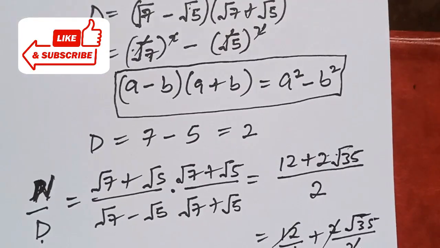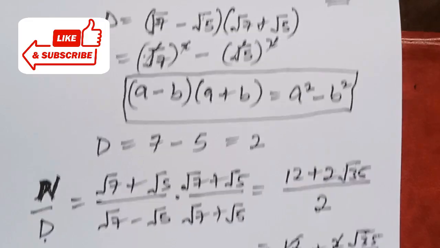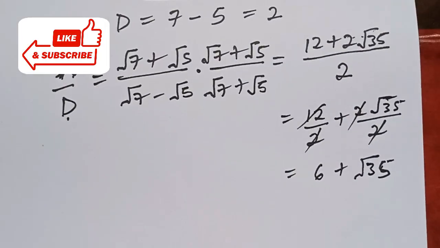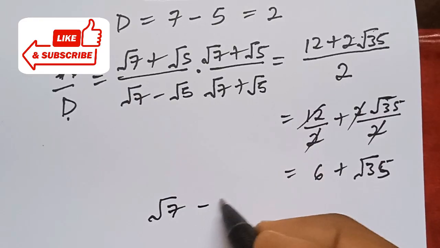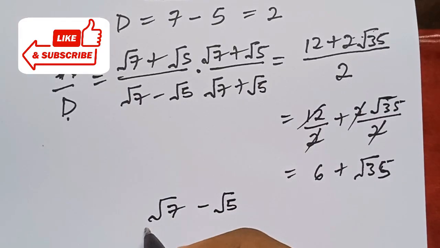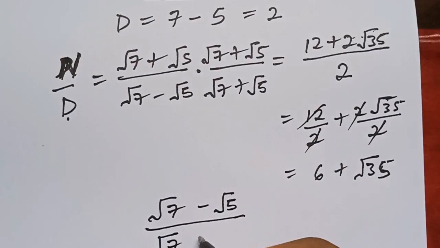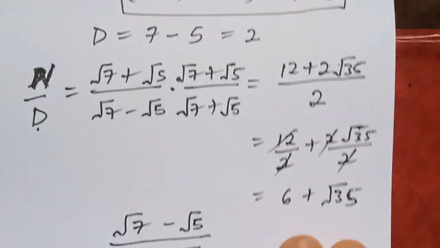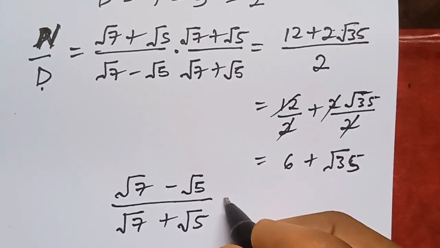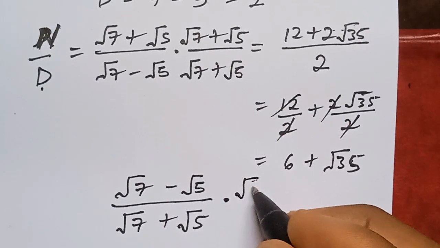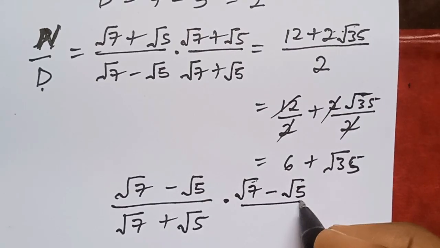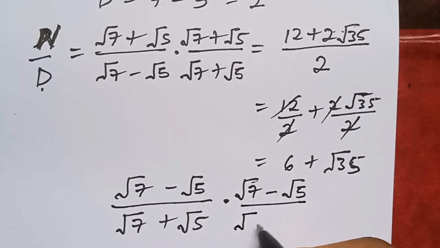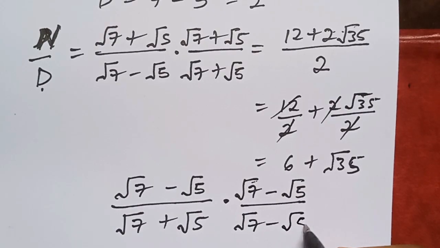So for the second part, we have square root of 7 minus square root of 5 over square root of 7 plus square root of 5, multiply by the conjugate. Okay, we have square root of 7 minus square root of 5 over square root of 7 minus square root of 5.